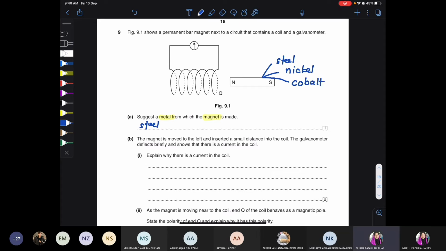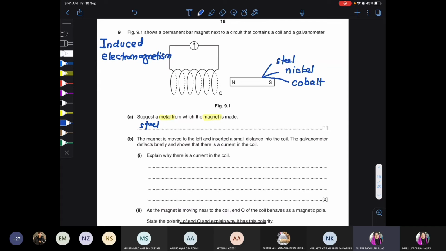Right, and explain why there is a current in the coil. The magnet is moved. What topic is this? Electromagnetic induction. This is about induced electromagnetism. Anybody remember why we call this induced electromagnetism?